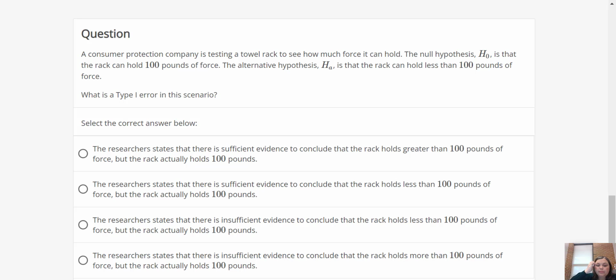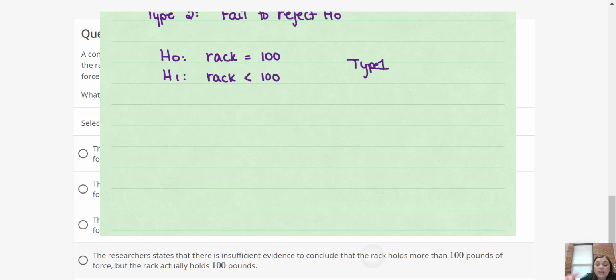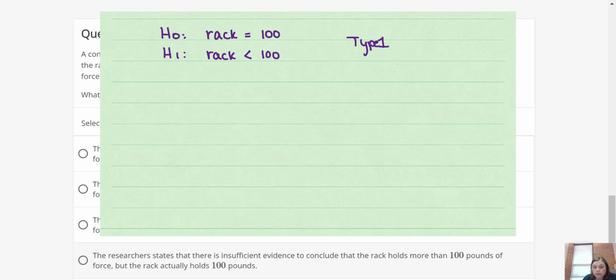scenario? Okay, so what I would do first is write this out and write out what the null is. The null is that it can hold 100, and the alternate is that it can hold less than 100. And this is a type 1 error. And so if it's a type 1 error, the decision that is made is that we're going to reject this null.